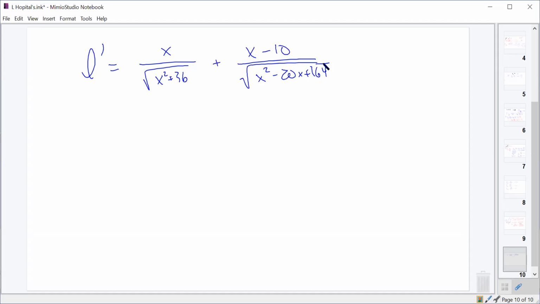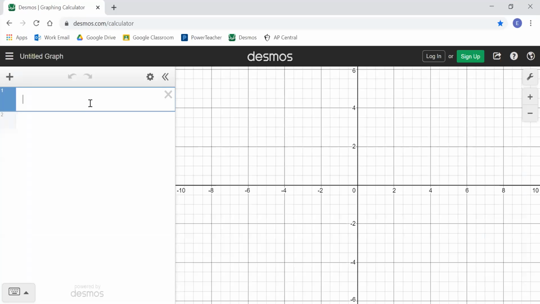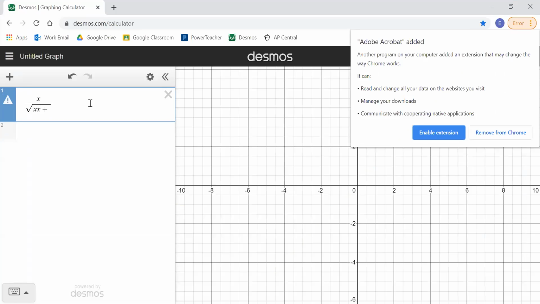If it were me, I would just go in and use a calculator to figure out when that's equal to 0. So I'm going to open up Desmos. I don't remember offhand if this comes out to be a nice, easy number. If it does, we'll go through and do the arithmetic to show that.